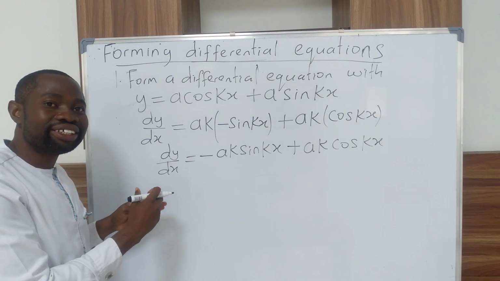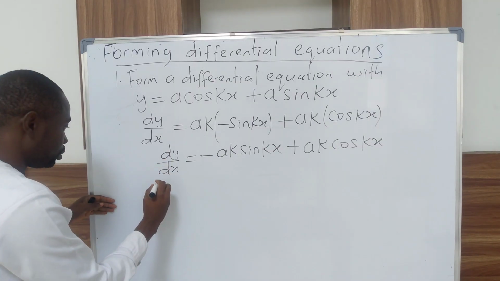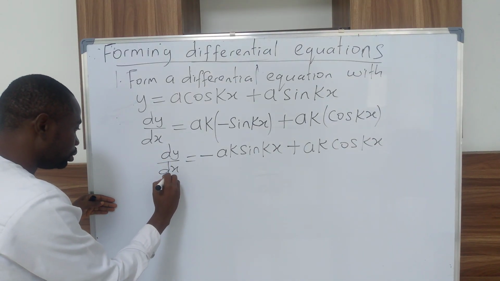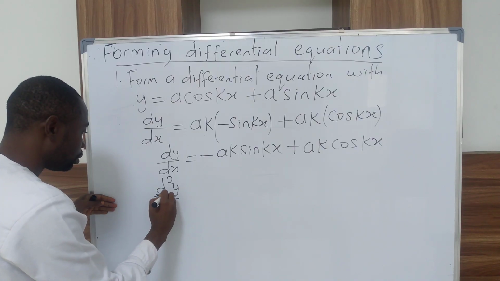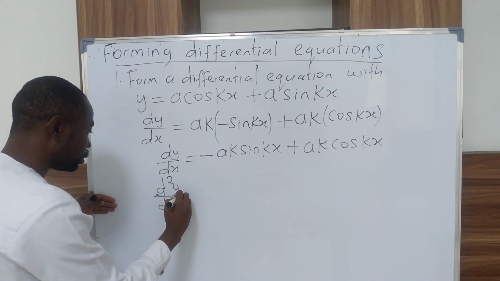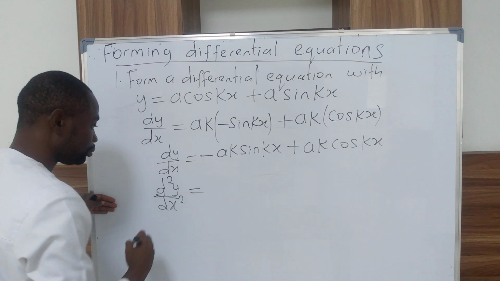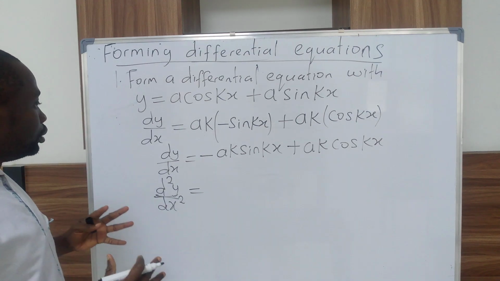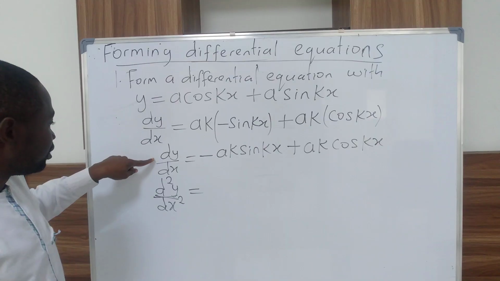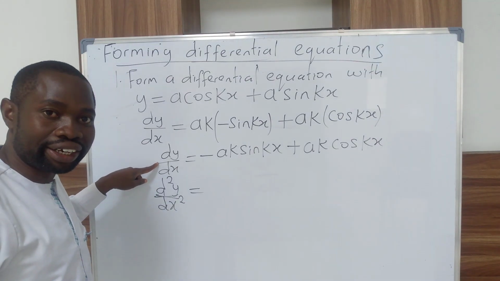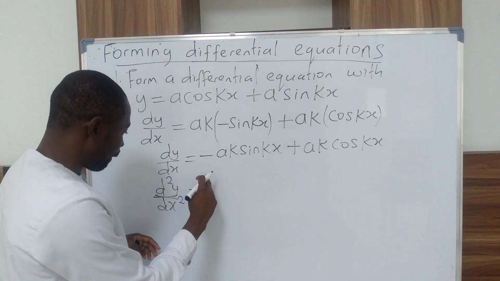Now, let me go and find the second order. d squared y over dx squared. It simply means that I'm going to differentiate this dy dx again now. So let's go.